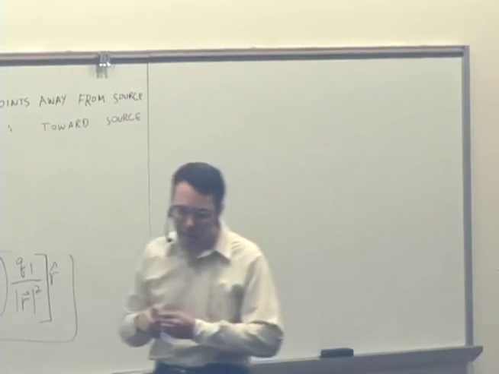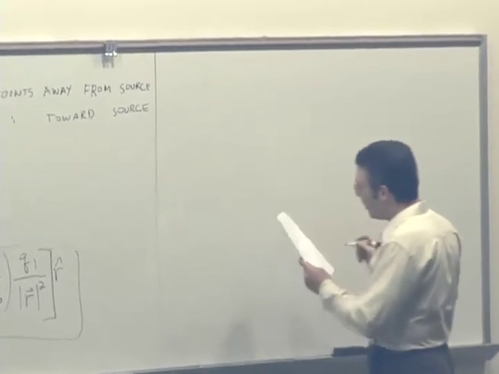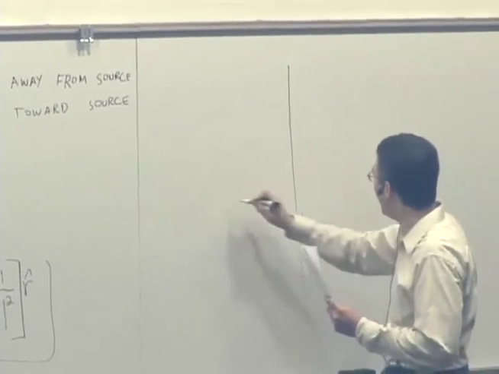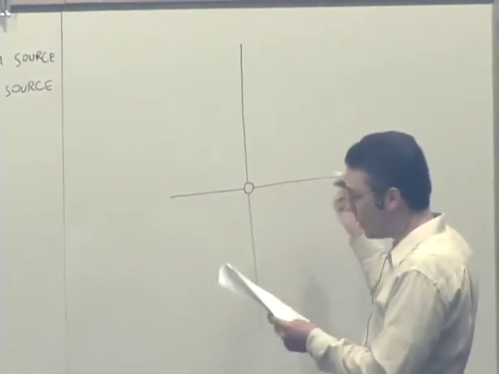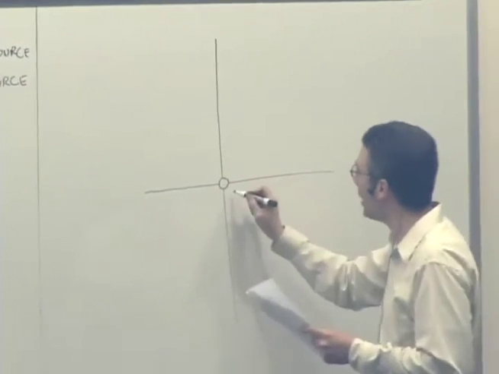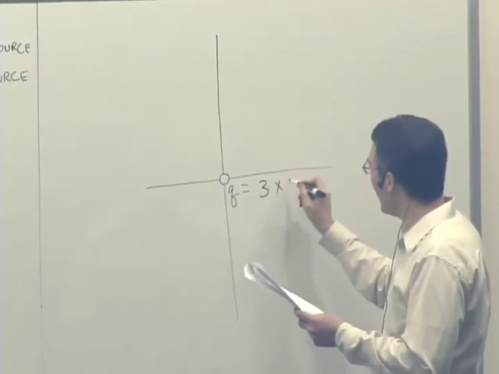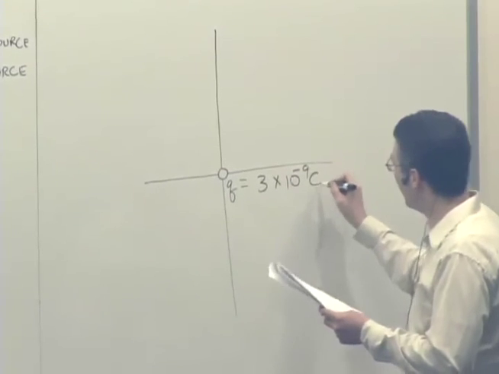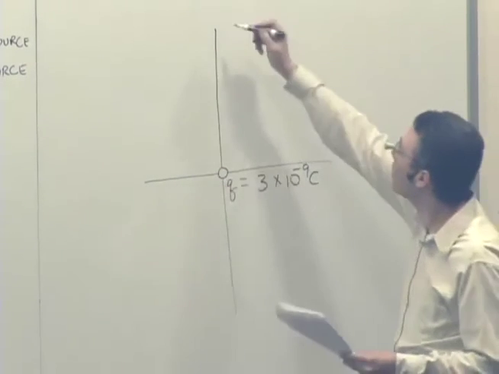So let's say we have a charge at the origin, and let's make it something different this time instead of just a proton. Let's say it's some small object that we can treat like a point, and it has a charge of 3 times 10 to the minus 9 coulombs. Okay, so the location is the origin here of this axis.